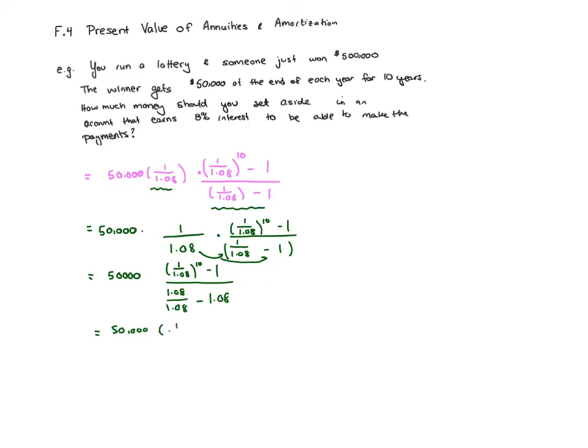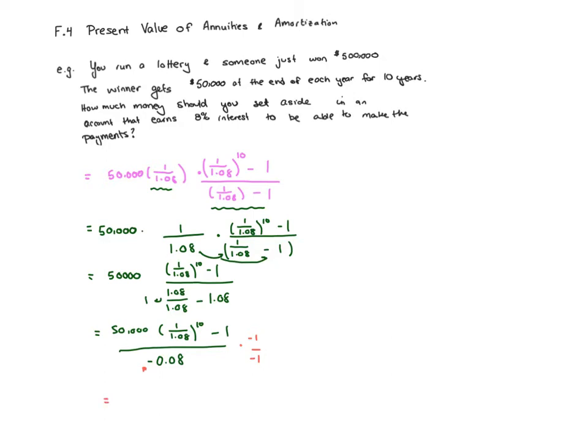My numerator is 1 over 1.08 to that 10th power minus 1 over 1.08 divided by 1.08, that's just 1. So I have 1 minus 1.08, so that's negative 0.08. And now we don't really like having this negative here, so I'm going to multiply top and bottom by negative 1. Right, negative 1 over negative 1 is just 1, so we're allowed to do that.